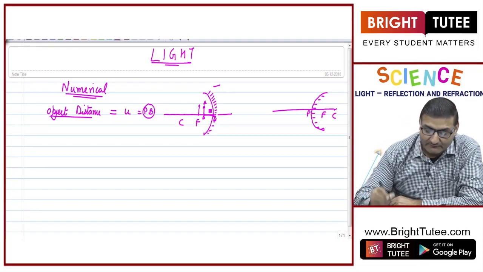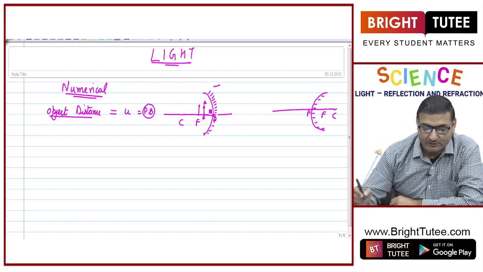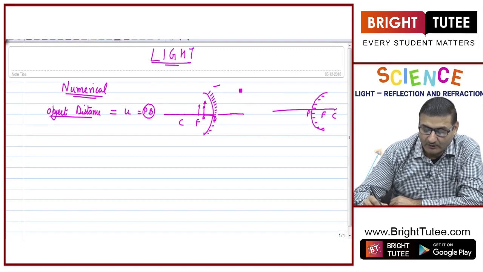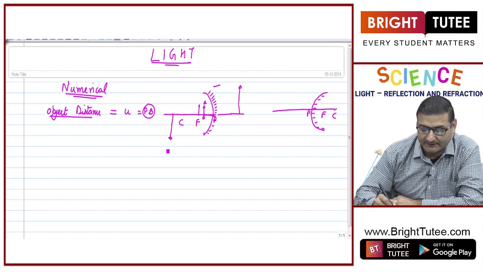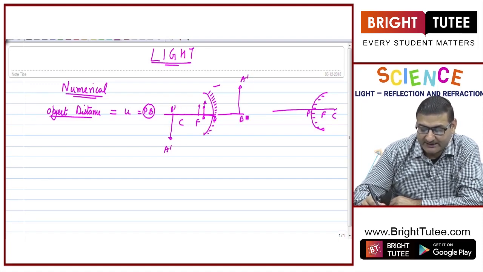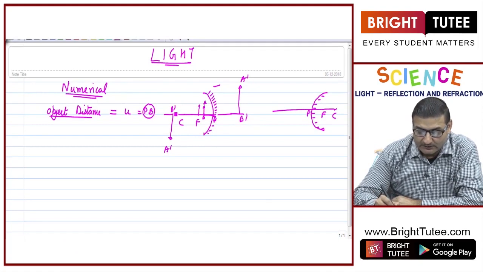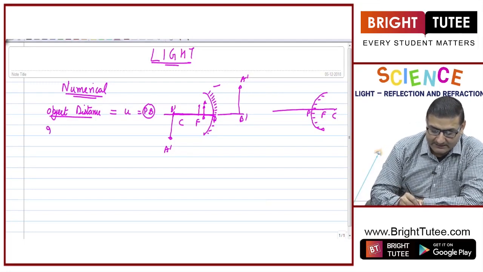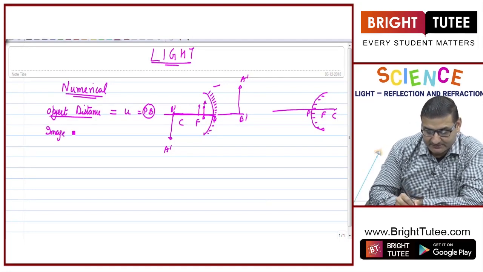Fine. Then we have seen that if we have placed this object over here, then we got an image, either behind or in front. Taking both the possibilities, this was our image A dash B dash. Now, the distance at which the image is formed from the pole is known as image distance.